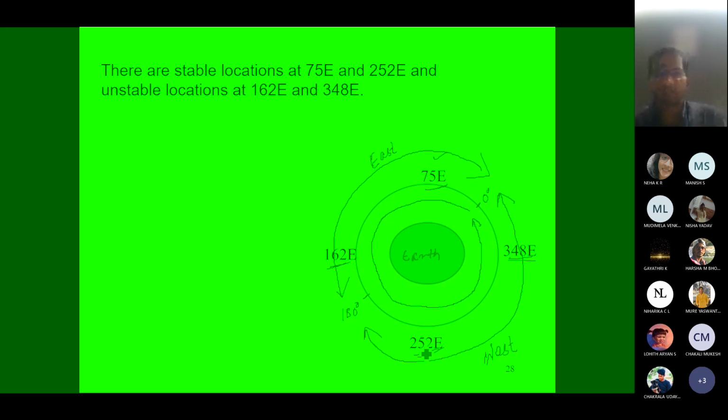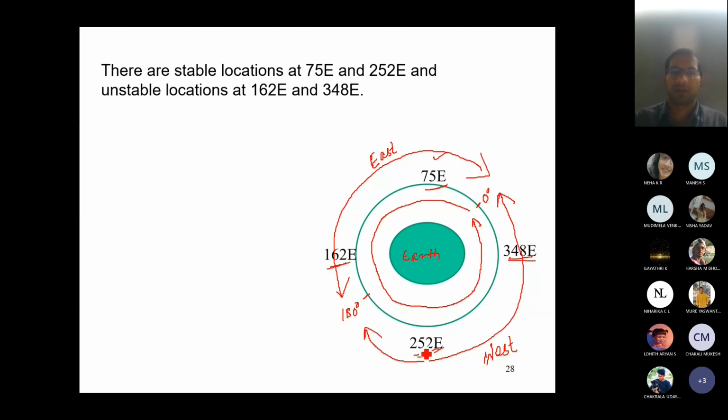Our country is located towards the east direction of 0° longitude. We are very much fortunate. So what happens, our satellites, when they are at 74° east longitude, remain stationary with respect to any ground station on the surface of India or on the surface of our country.